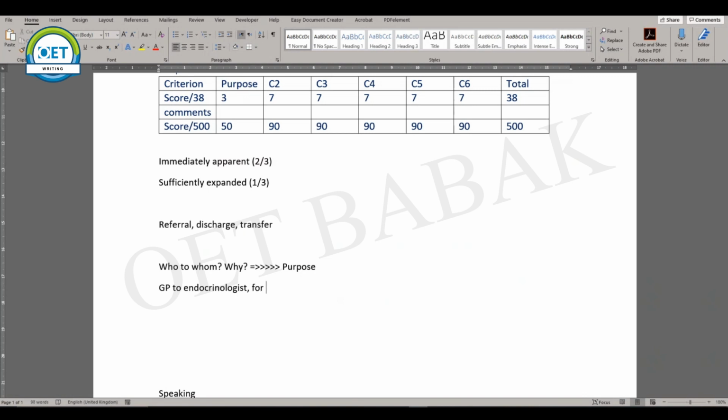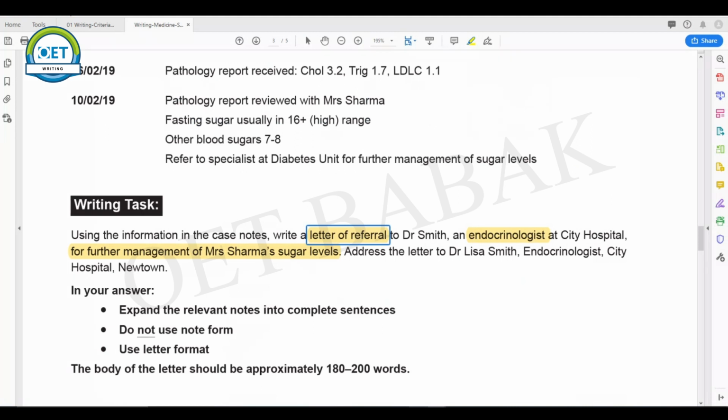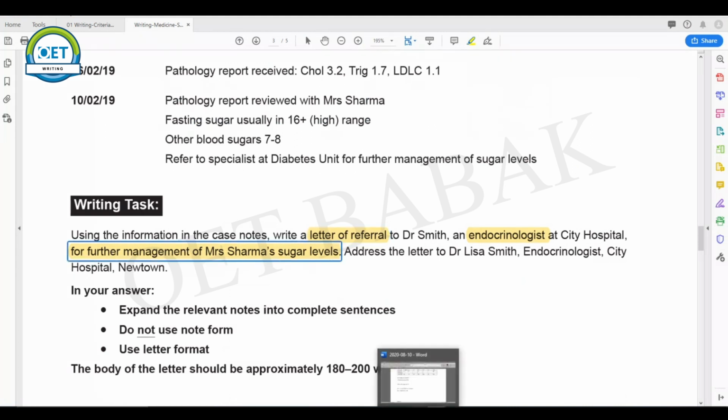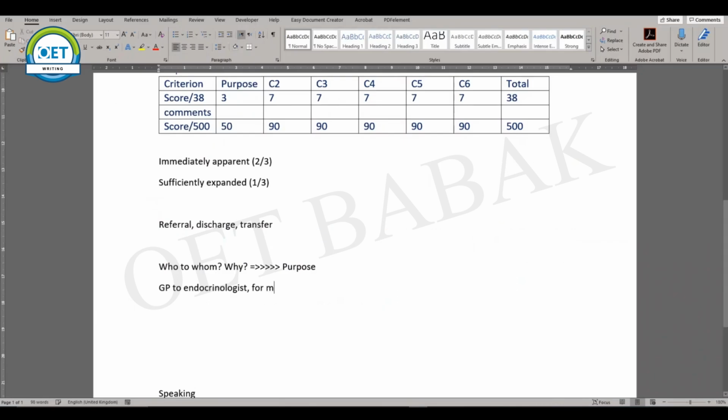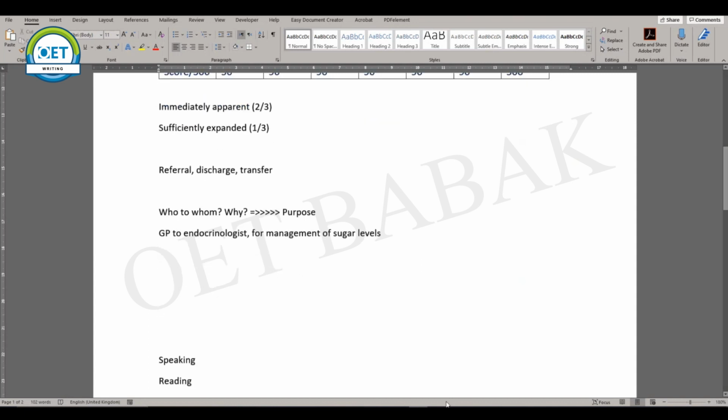Referral, for management of sugar levels. Okay, good. That is our purpose. So we got it.